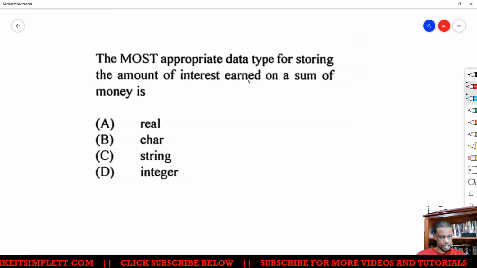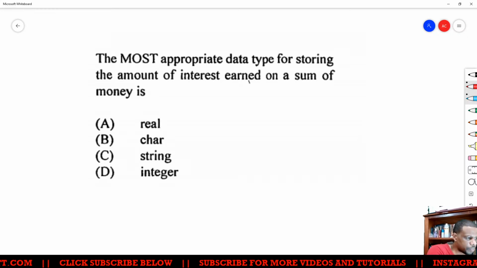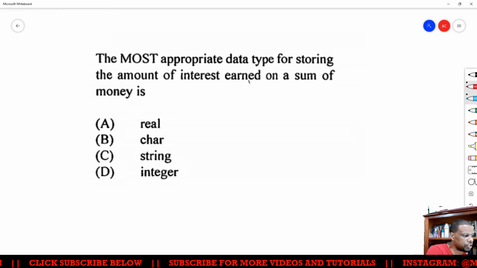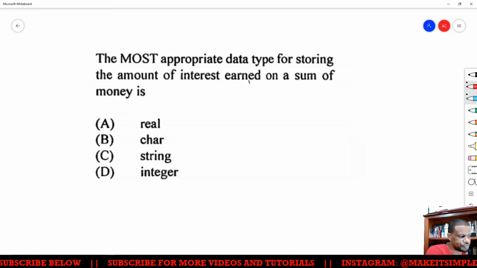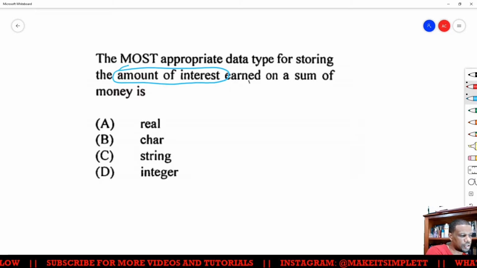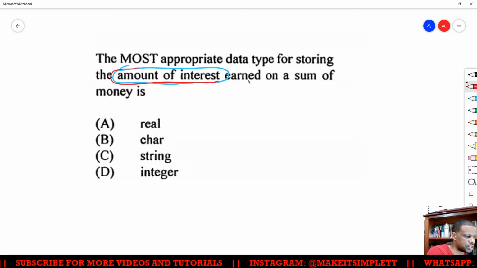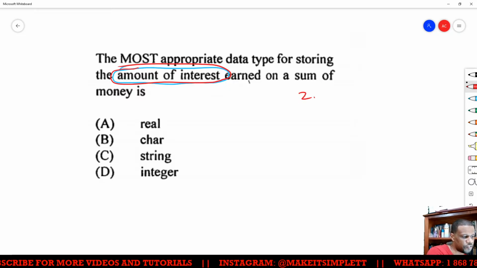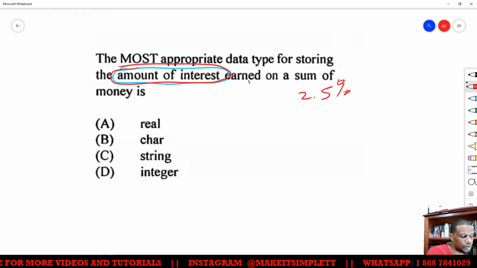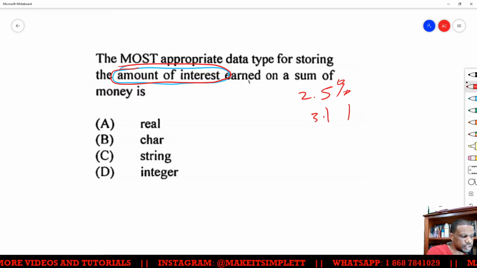Alright, so let's see what this says. The most appropriate data type for storing the amount of interest earned on a sum of money is, well, when you think about the amount of interest, you have to grasp that interest is usually in a percent. It'll be like 2.5% or 3.1%.